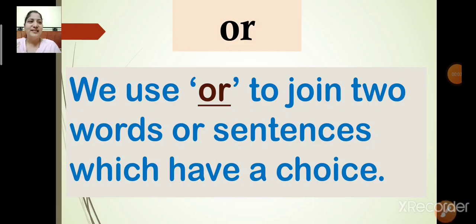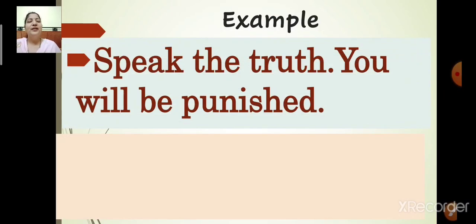Let us go through the example. Speak the truth, full stop, you will be punished. Now children, here there are two sentences and you have a choice. Speak the truth. This is one sentence. And if you do not speak the truth, what is the second option? You will be punished.